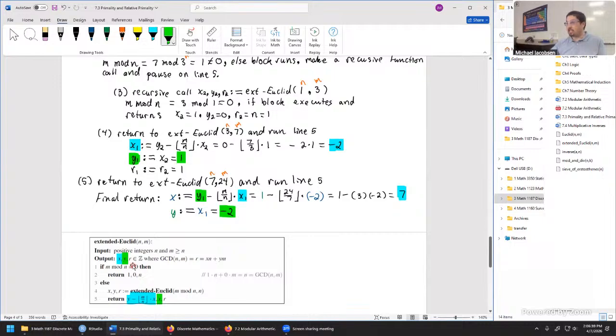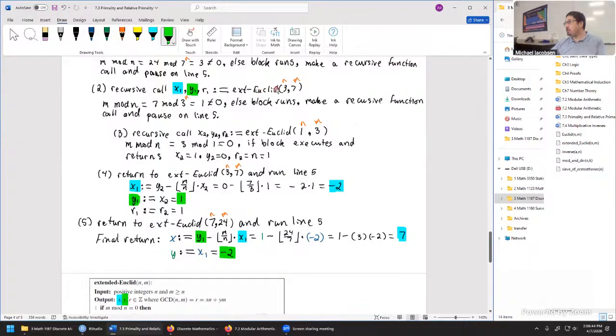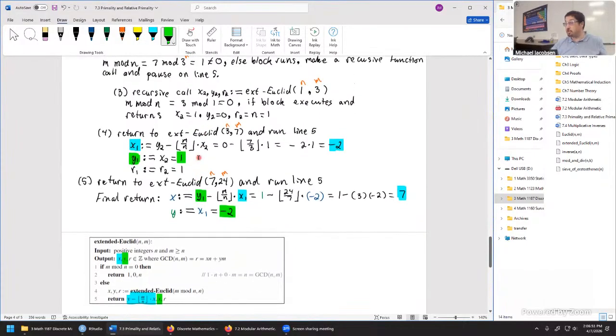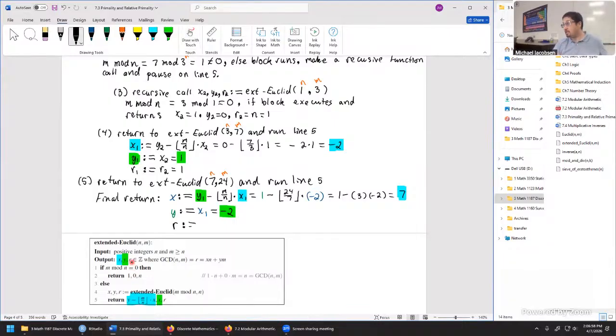And the final step is, again, nothing fancy. We're just carrying the value of 1 that came from right here up to the very top of when the recursion started, the original function call. So this r right here, our final part of the output, is defined to be r, but we're referring to r1 specifically. It just so happens it's still just a 1. So there are our 3 values altogether.